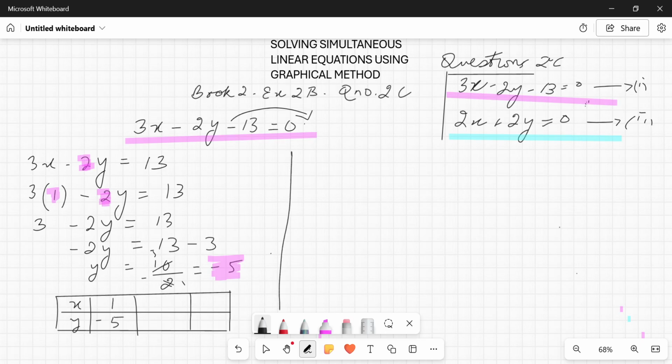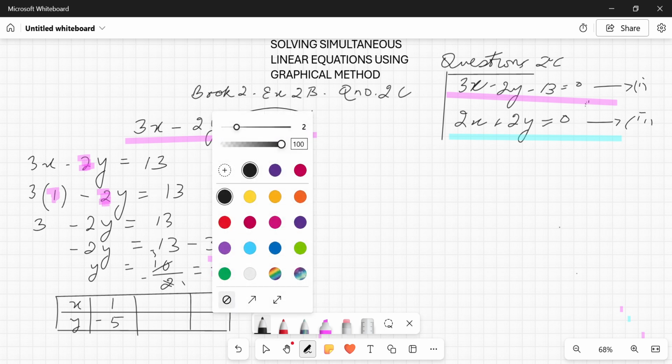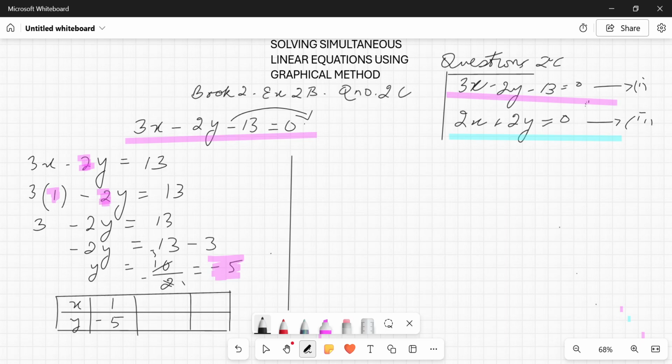Now the second value. Let's take minus 1. If you take minus 1, instead of minus 3 here, it gives you plus 3 and the answer is 16. The answer will be a whole number, not a decimal. So let's solve. 3x minus 2y is equal to 13. This time I am taking x as minus 1.